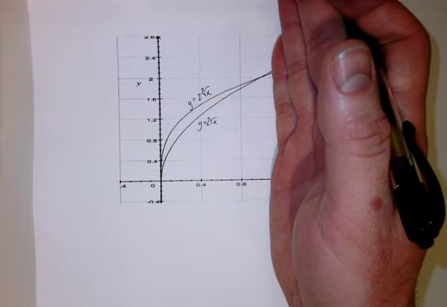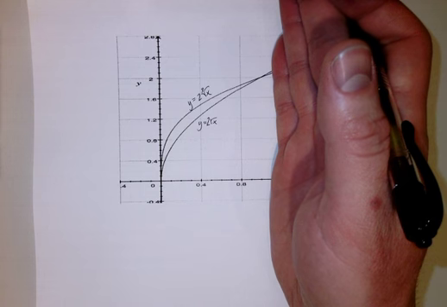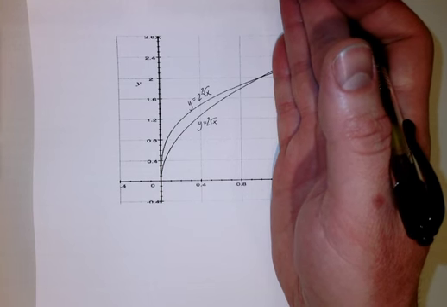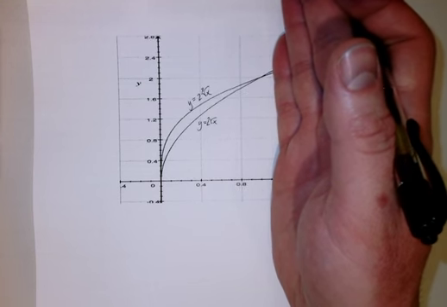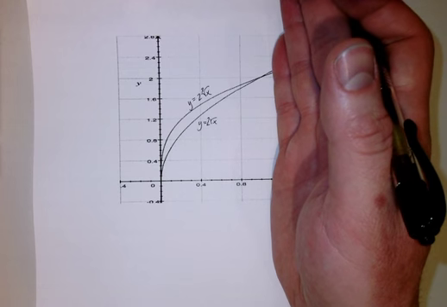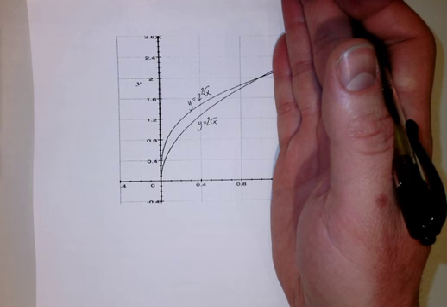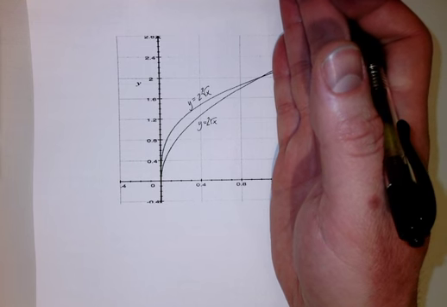Take, I don't know, 1/8. If you take the square root of, or let's take, 1/4, the square root of 1/4 is 1/2. If you take the cube root of 1/8, it's 1/2.